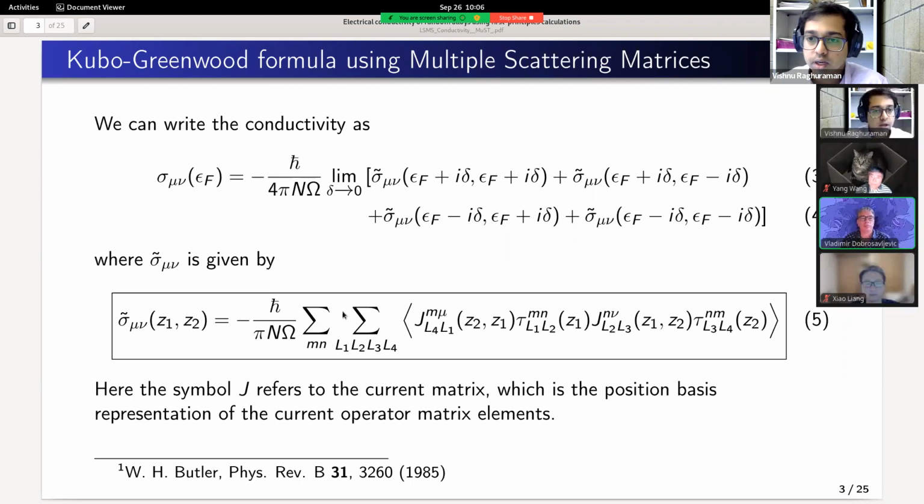And then you would calculate this limit here, and that would give you the conductivity. Basically, in the code, calculating the limit essentially means that you just put in a small value of delta, which you specify in the input file. And generally, I found that specifying delta as 10 to the power minus 4 seems to be a good choice.